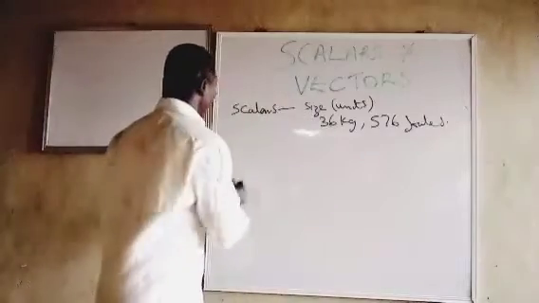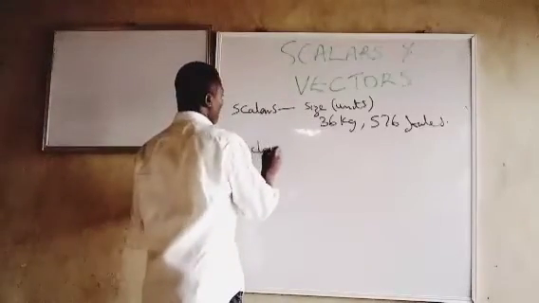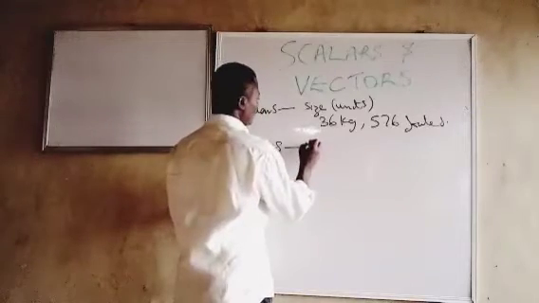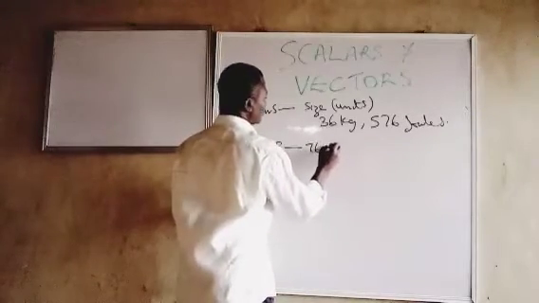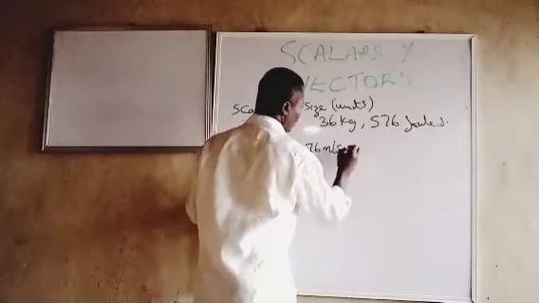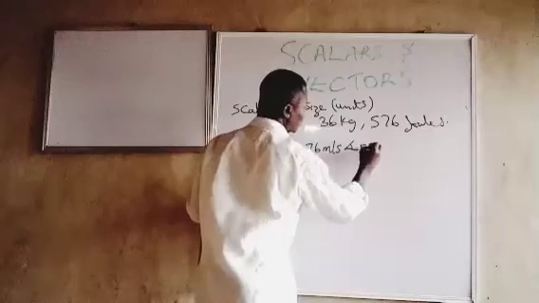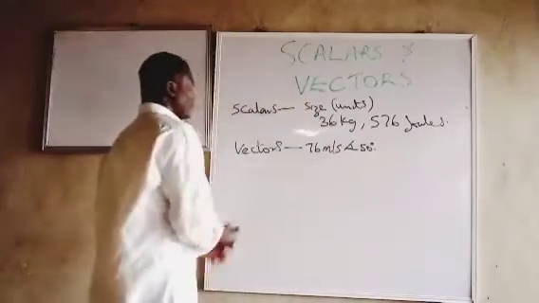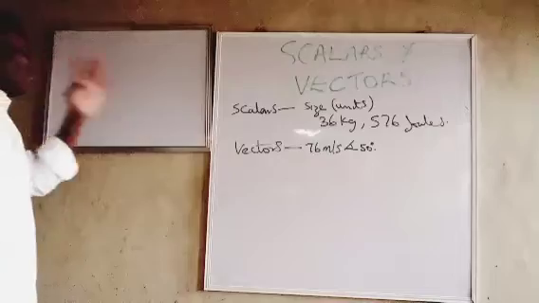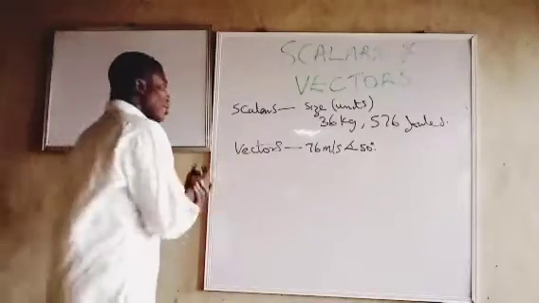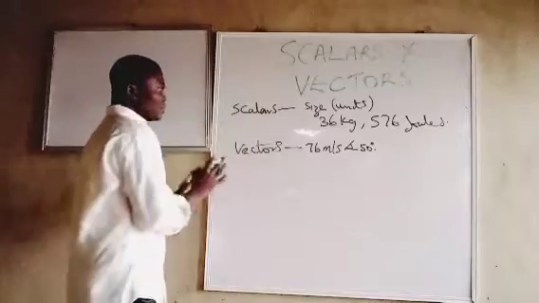But for vectors, I have to say something like 76 meters per second and specify the direction, for example 50 degrees. And so that makes the addition, subtraction, or any other algebraic process on these two differ.